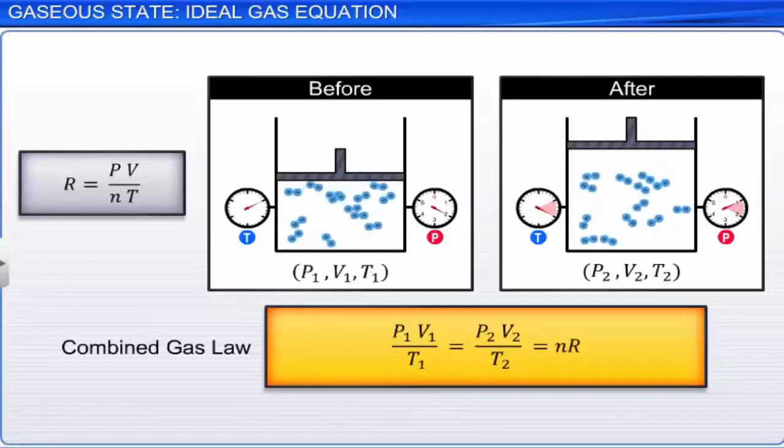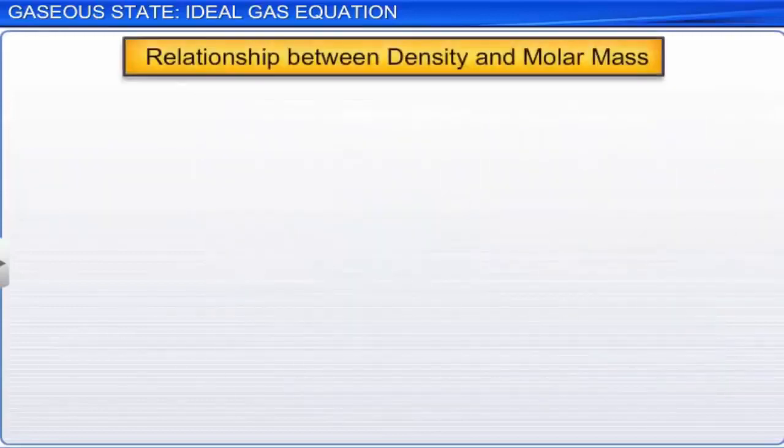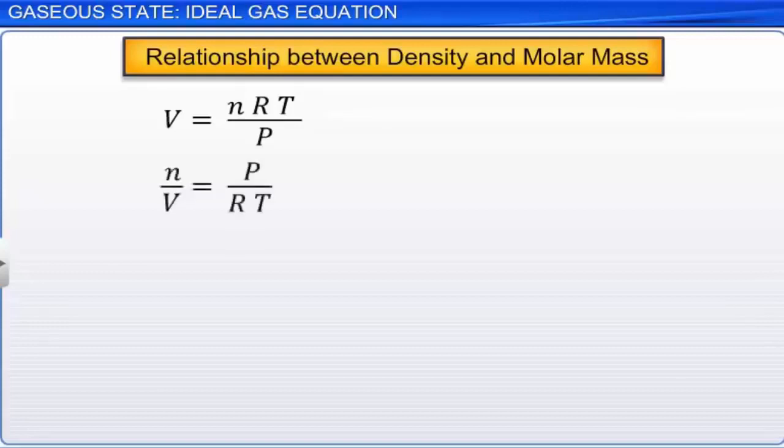To understand the density and molar mass of a gaseous substance, we have to rearrange the ideal gas equation to N divided by V is equal to P divided by R into T. On replacing the number of moles N with mass of the gas m by M, we get the equation m divided by M into V is equal to P divided by R into T, where M is the molecular mass of the gas.